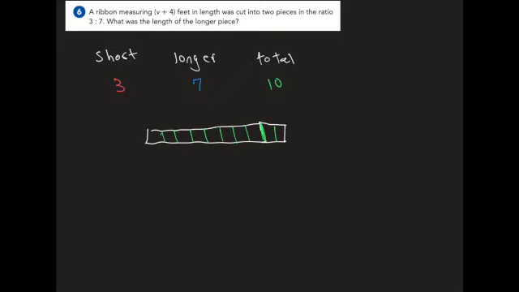And if I were to fill those in, the shorter piece would have 1, 2, 3 parts, and the longer 1, 2, 3, 4, 5, 6, and 7.